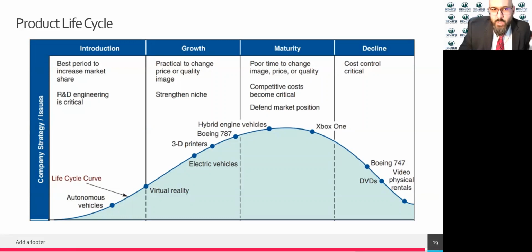Now moving into the growth phase, where you need to strengthen your niche market, and you may need to do some practices to change price and quality image. What's the image? What's the understanding of the customers of your company? Electric vehicles, 3D printing, or the Boeing 787 would be considered in this phase.